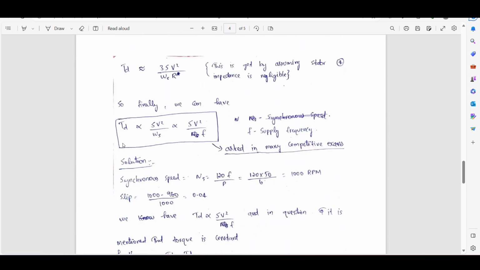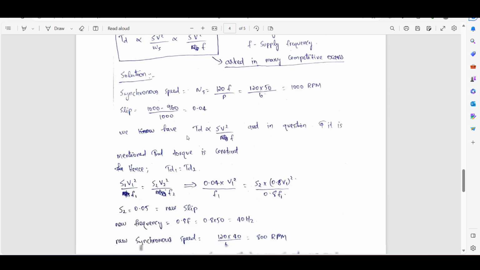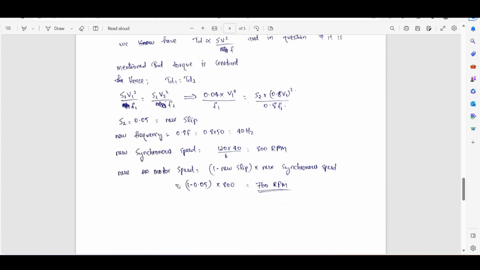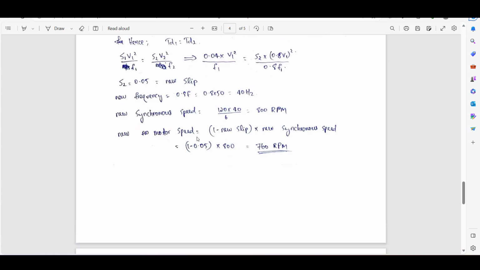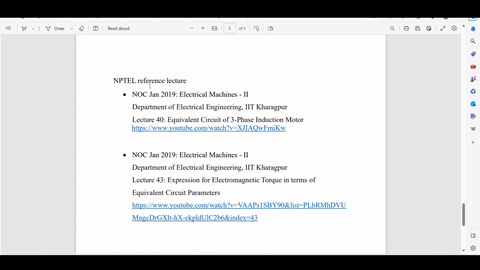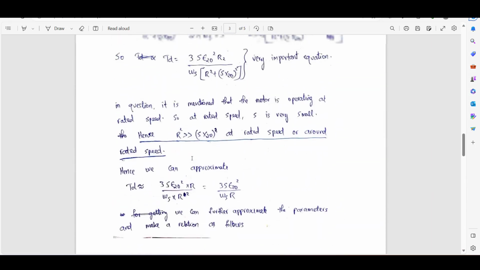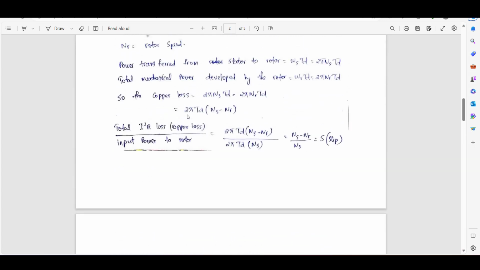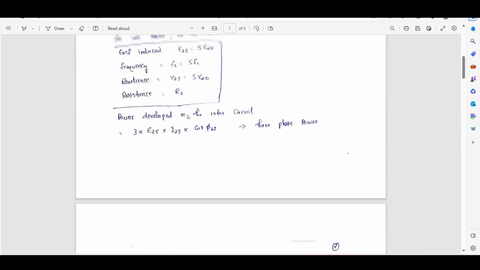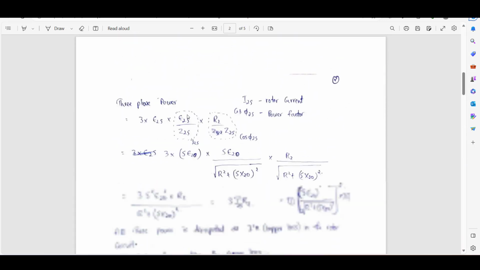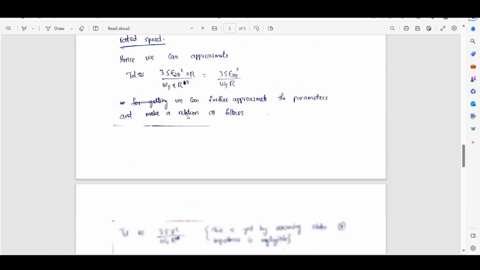If you are aware of this equation, you can easily solve this problem. And these are the NPTEL reference lectures that you can refer to understand how this torque equation is derived. So that's all about the answer. Thank you everyone.